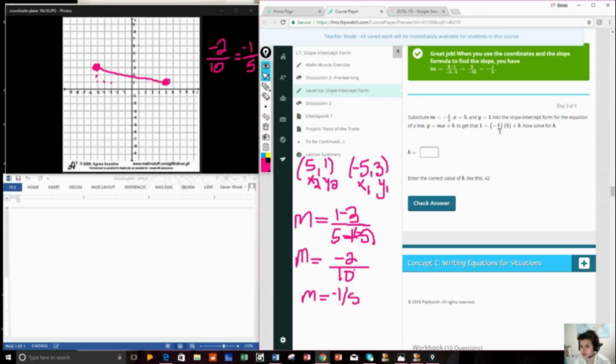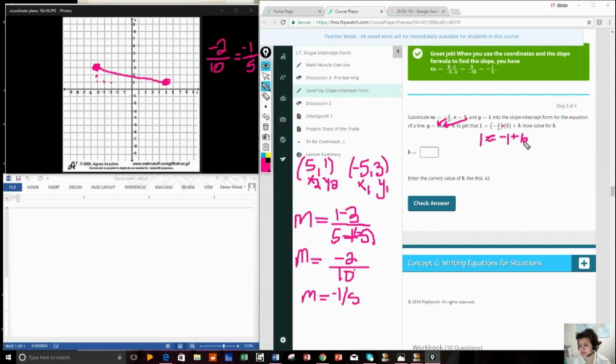Negative 1/5 is where the m is, and so they replaced that right here, and then they replaced x with 5, and now we have to solve for b, which is our y-intercept. So we have 1 equals, now this is multiplication between m and x, so negative 1/5 times 5 is negative 1 plus b.